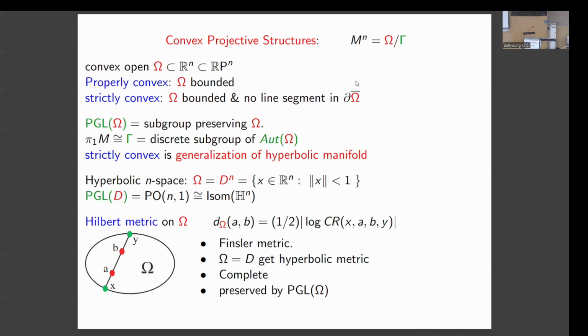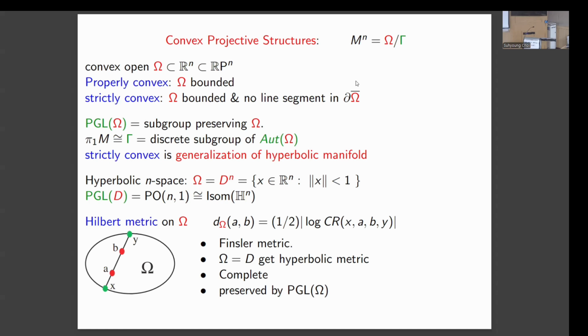So a basic example of all this is a hyperbolic manifold. If we take, for the domain omega, the set of vectors of length less than 1 in Euclidean space, the round disk, then the projective automorphisms of that domain, you can identify them with isometries of hyperbolic n space, PO(n,1). And I'm going to talk a bit more about that in a moment.